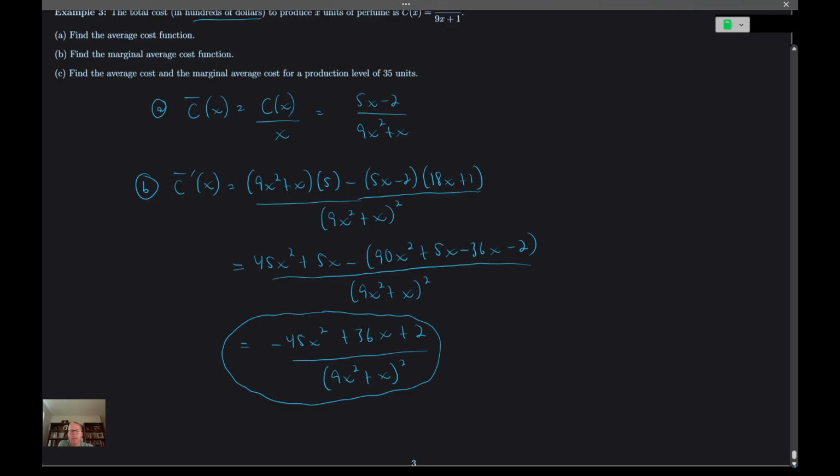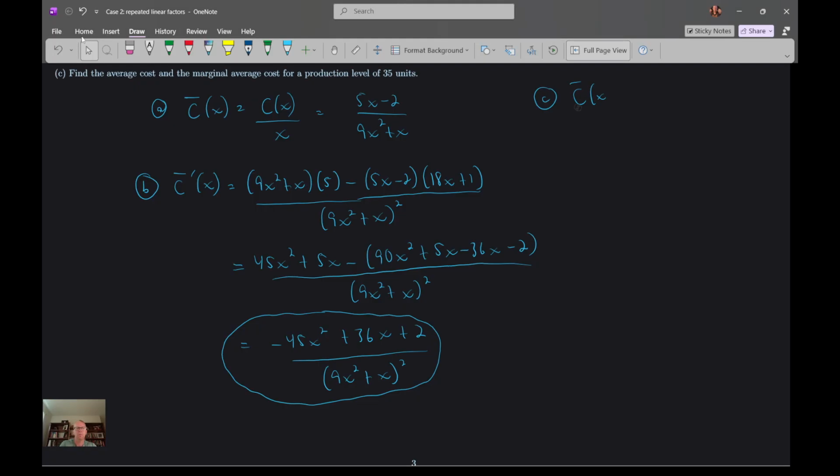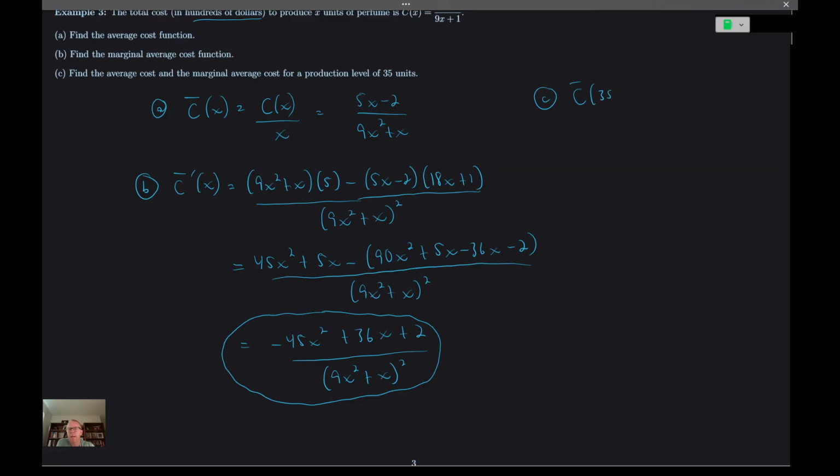And then the last part, we're going to find average cost for production level of 35 units. So we're going to find C bar of 35. So you just plug 35 in here. So 5 times 35 minus 2 over 9 times 35 squared plus 35.